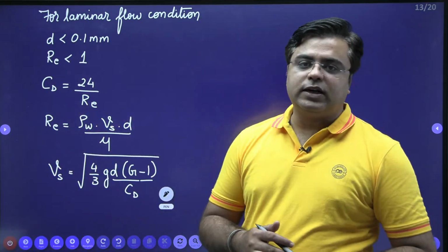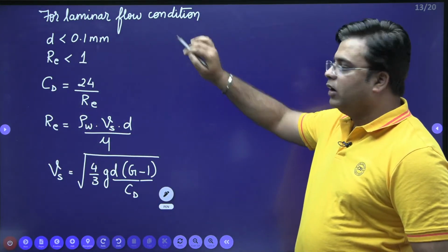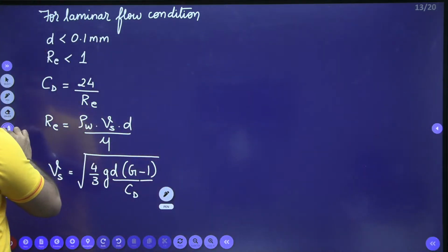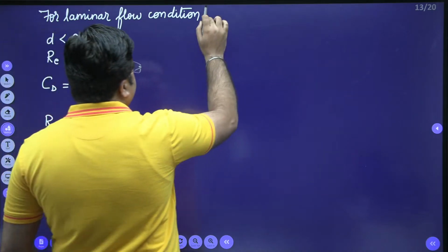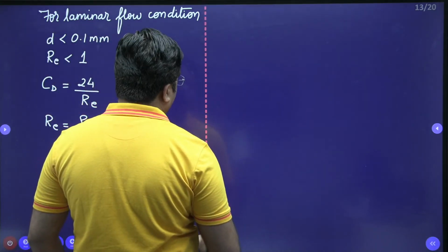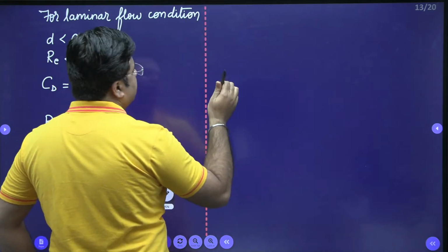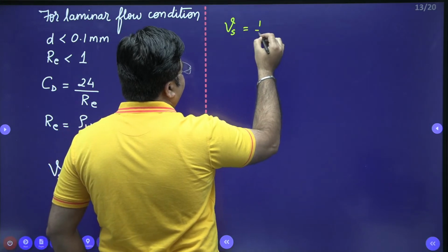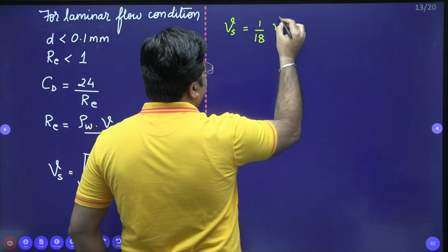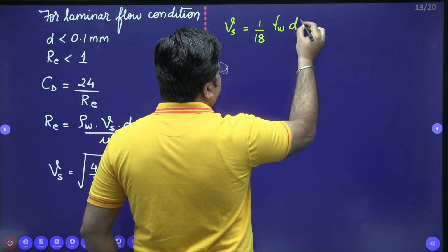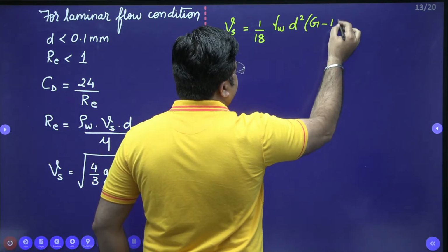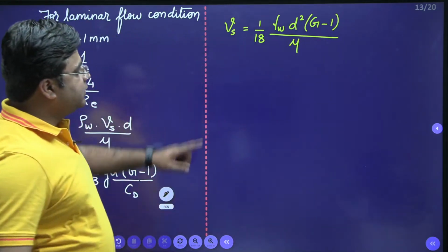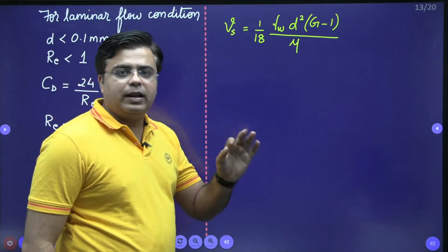But this expression of settling velocity will only be valid for laminar flow condition. So the expression for settling velocity for laminar flow condition is Vs is equal to 1 upon 18 gamma w d square into G minus 1 by mu.